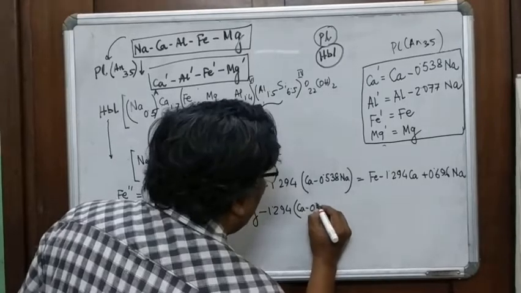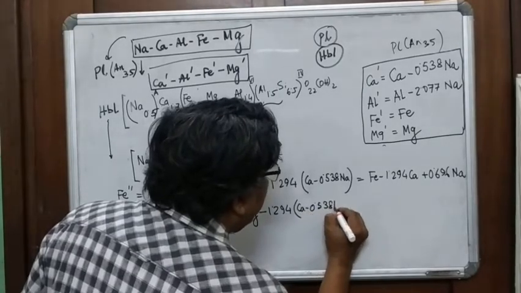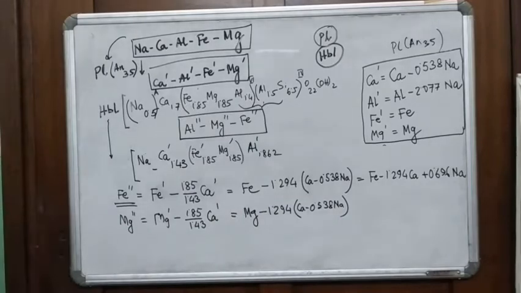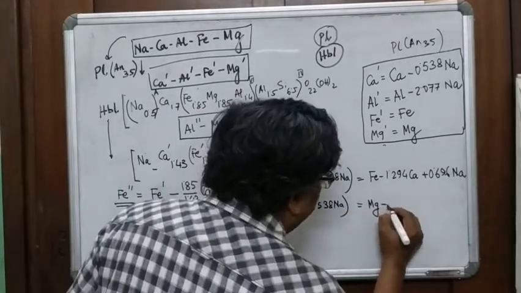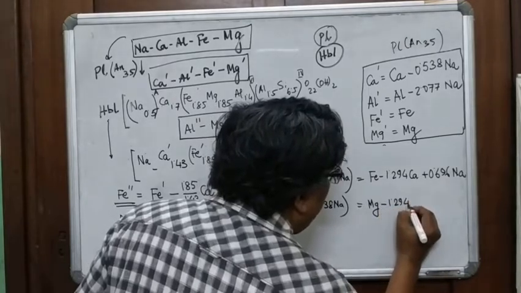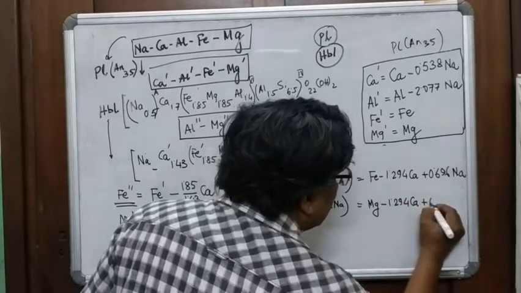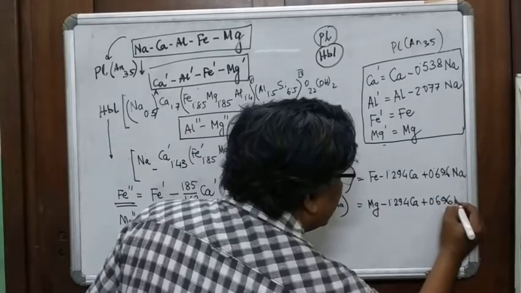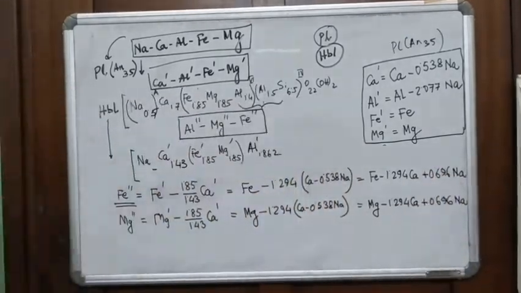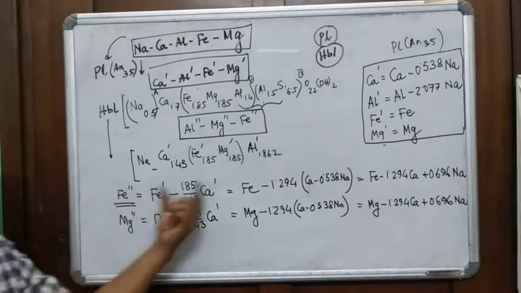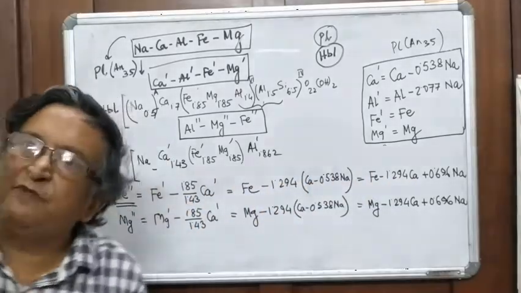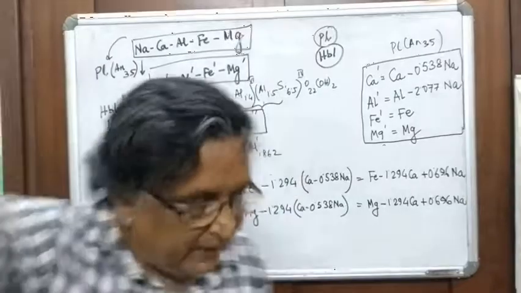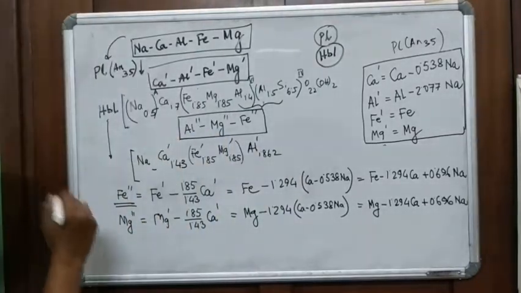Ca minus 0.538 sodium. And if you do this, then you go back to the same equation. It is Mg minus 1.294 Ca plus 0.696 sodium. So this is Fe double prime in terms of Fe prime, and this one is in terms of the original Fe. Right?